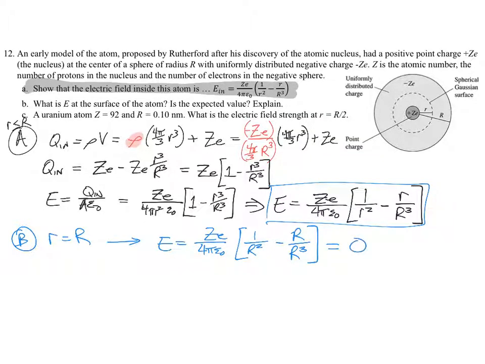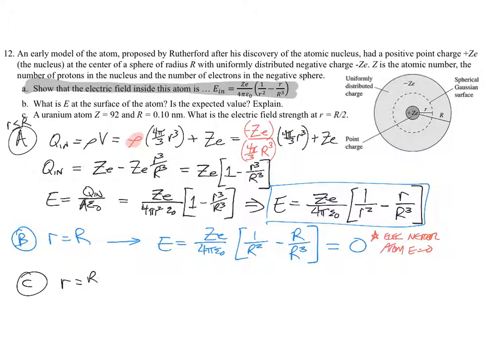Well, that's just 0, because this R over R cubed is a 1 over R squared. So we get nothing at the surface, which we would expect for an electrically neutral atom. So electrically neutral atom equals 0.